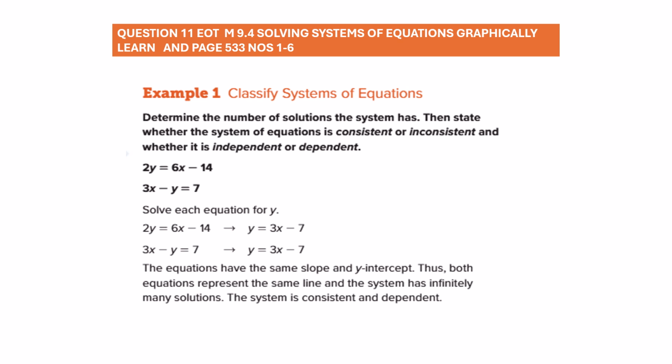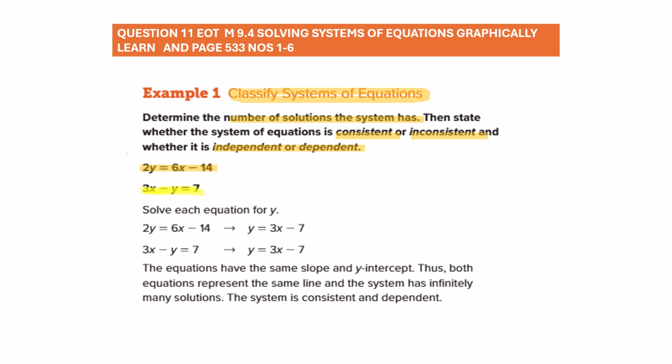In example 1, they ask us to classify the system of equations and then determine the number of solutions the system has. Then state whether the system of equations is consistent, inconsistent, independent, or dependent. As you can see here, in the first equation and in the second equation, both are not written in y form.